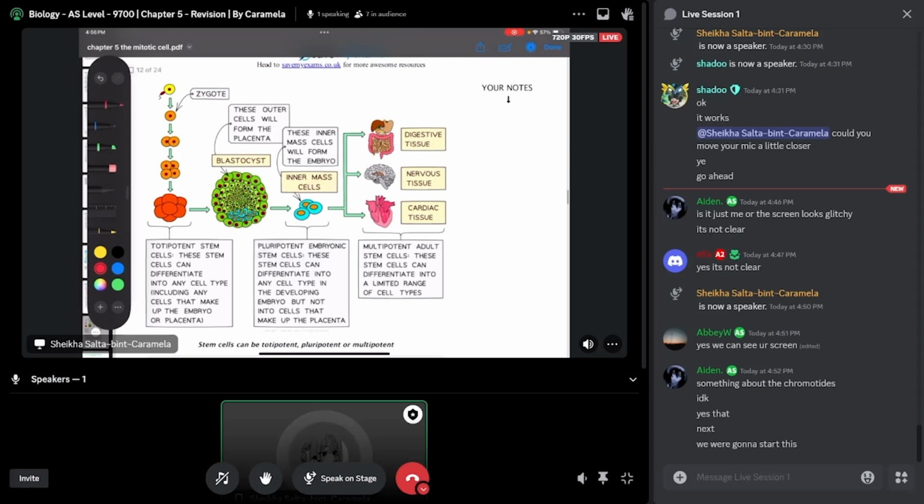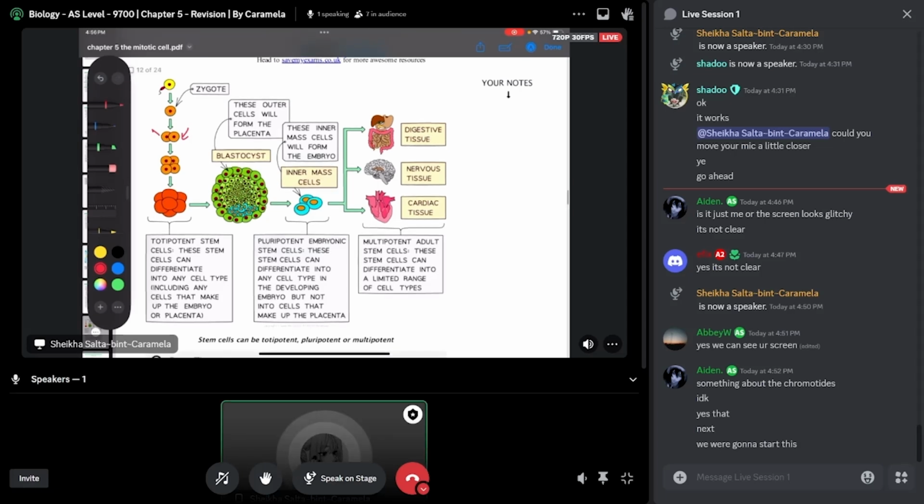If you can see here, this is the zygote, where one sperm cell and one egg cell combine. Then these totipotent stem cells make more embryonic cells inside the placenta. Then these divide into pluripotent cells, which can form embryonic and also specialized cells.